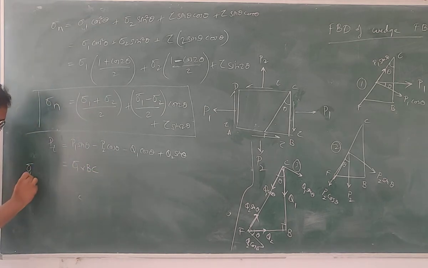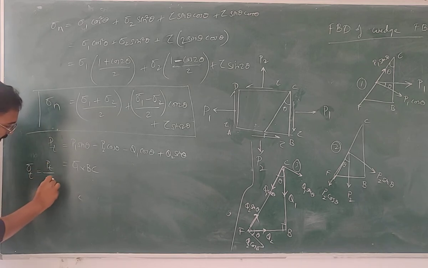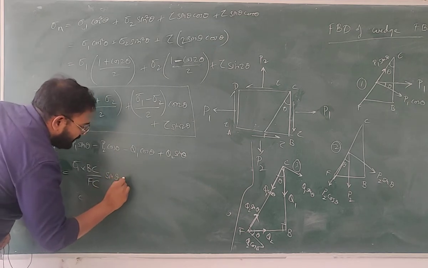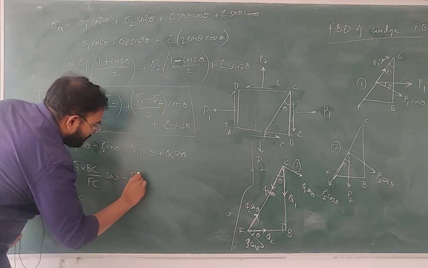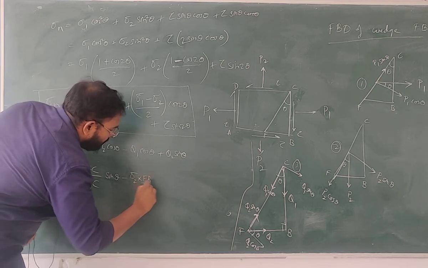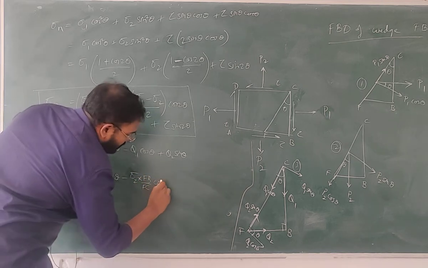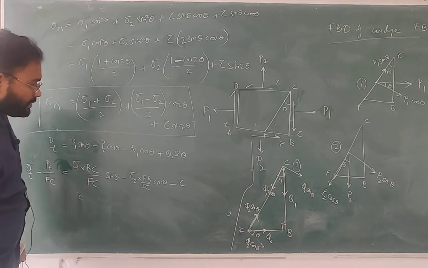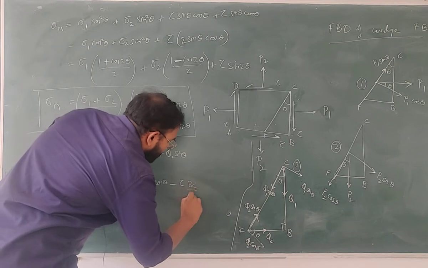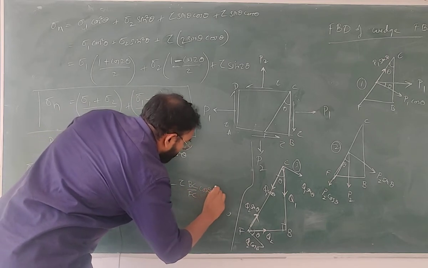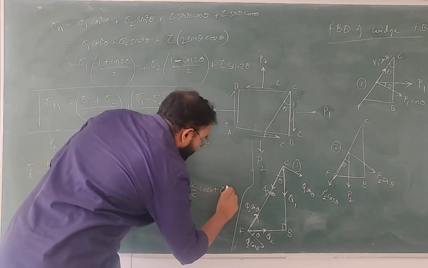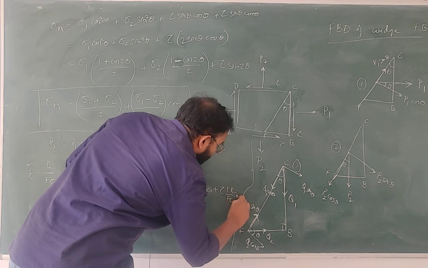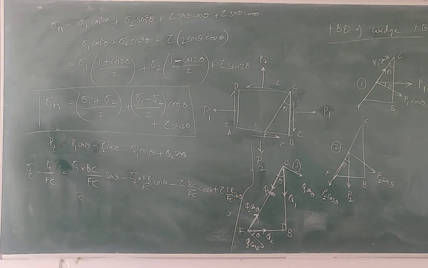Sigma t is equal to Pt by FC is equal to BC by FC sin theta minus P2, which is sigma 2 into FB by FC cos theta, minus Q2, which is tau into, what is Q1, BC by FC cos theta plus tau into FB by FC sin theta.